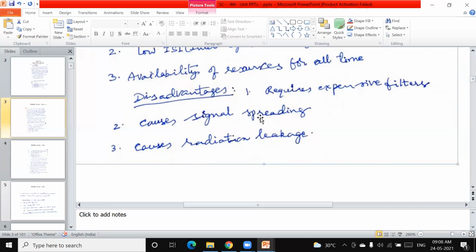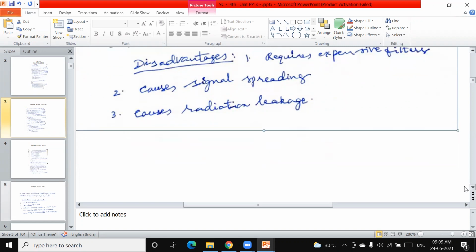Signal spreading means widening of the pulse width, as it is using analog and digital signals. The signal spreading may increase a little and causes radiation leakage, that is, leakage of radiation where it is supposed not to radiate. These are the disadvantages.